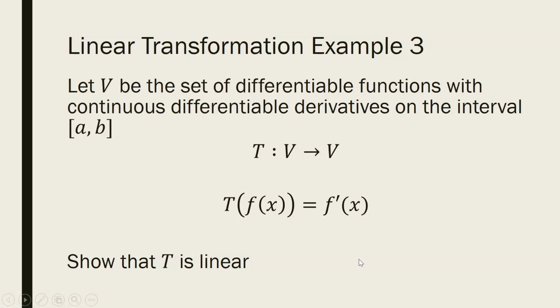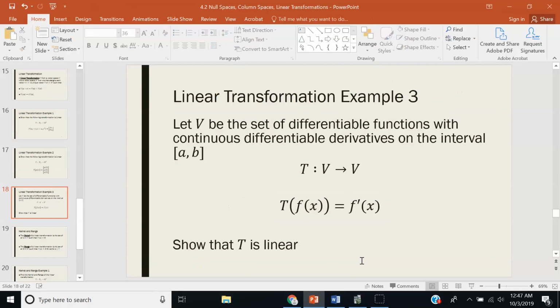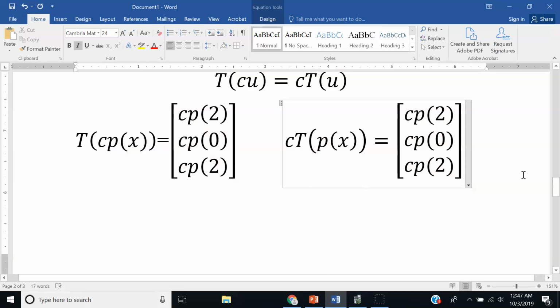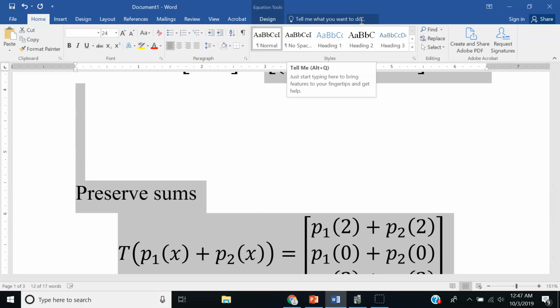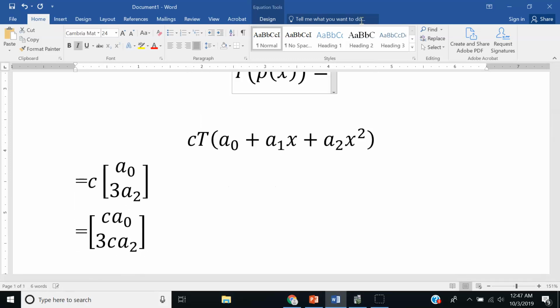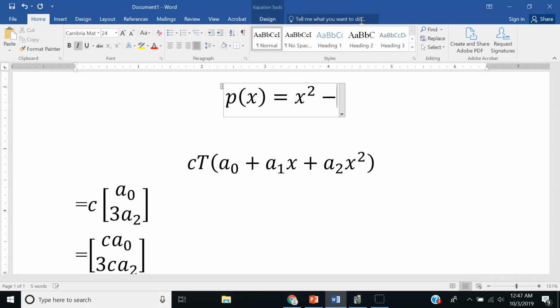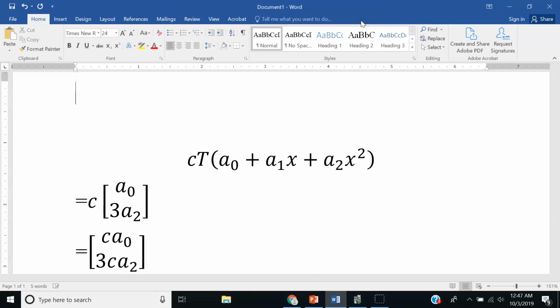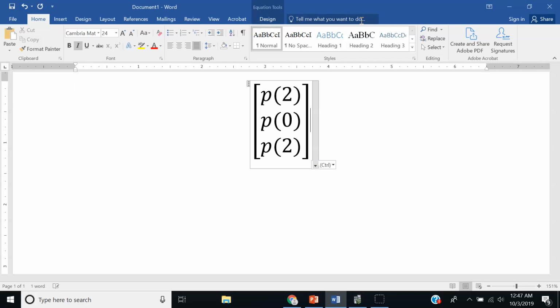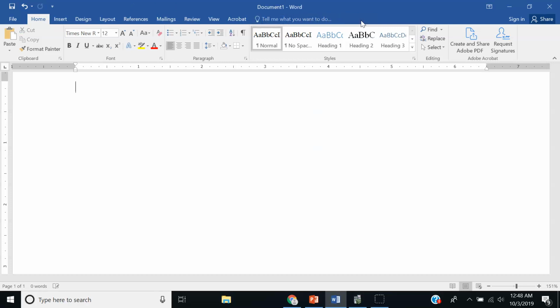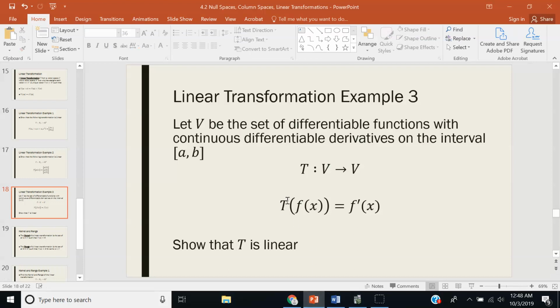Now, this one is pretty easy because hopefully we all know what the derivative function does. Let's go back up. Let's go grab this.